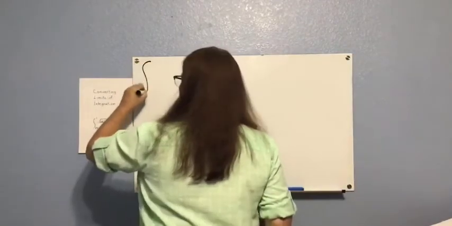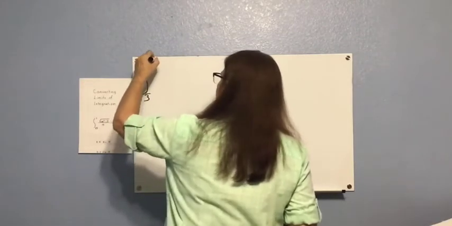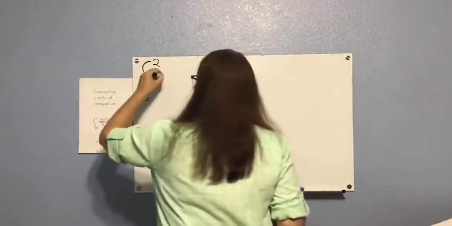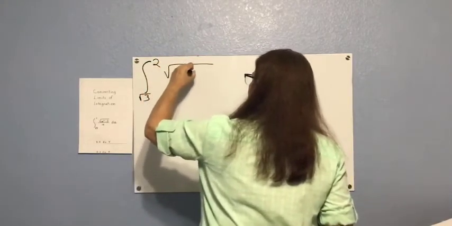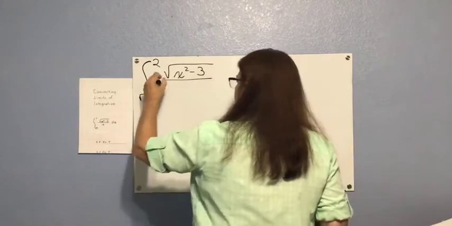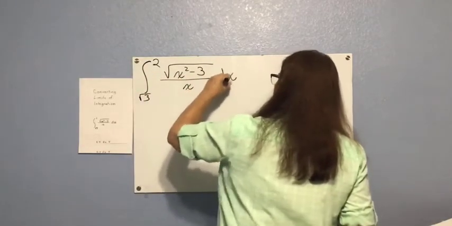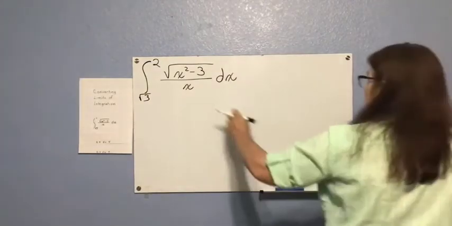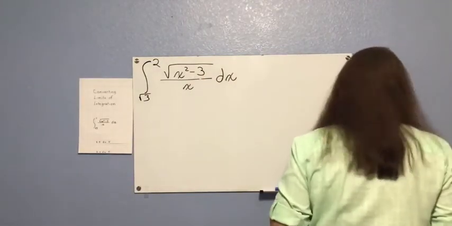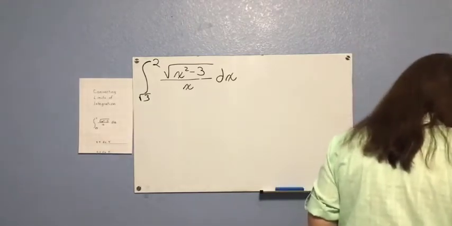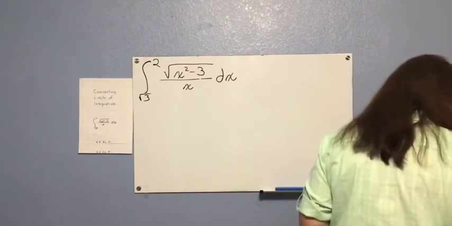So I've got an integral from the square root of 3 to 2 of the square root of x squared minus 3 over x dx. Okay, the x squared minus 3 has a form u squared minus a squared, even though a is not a nice integer number.